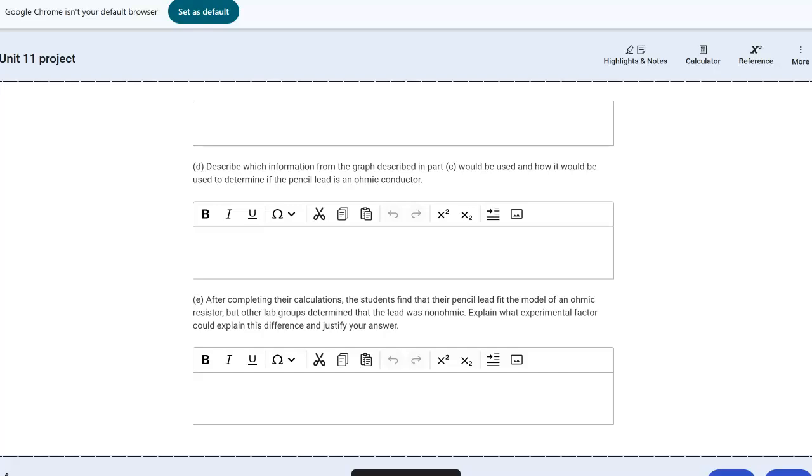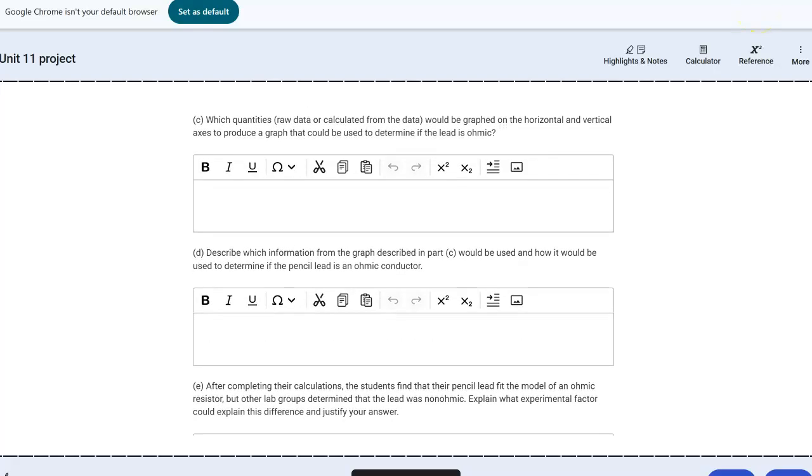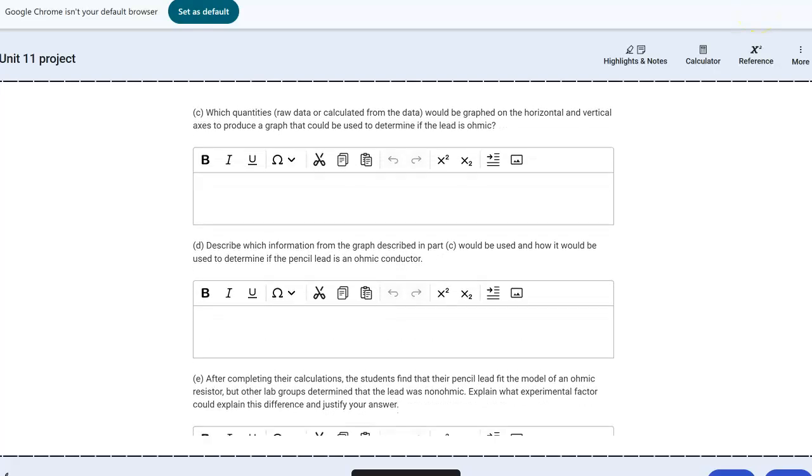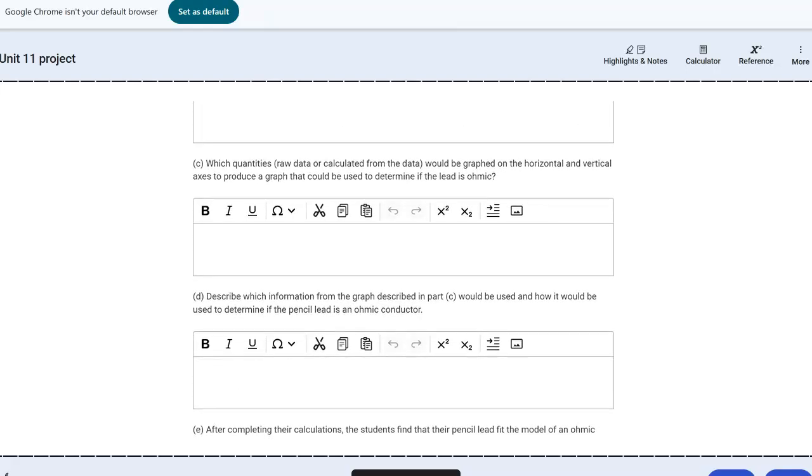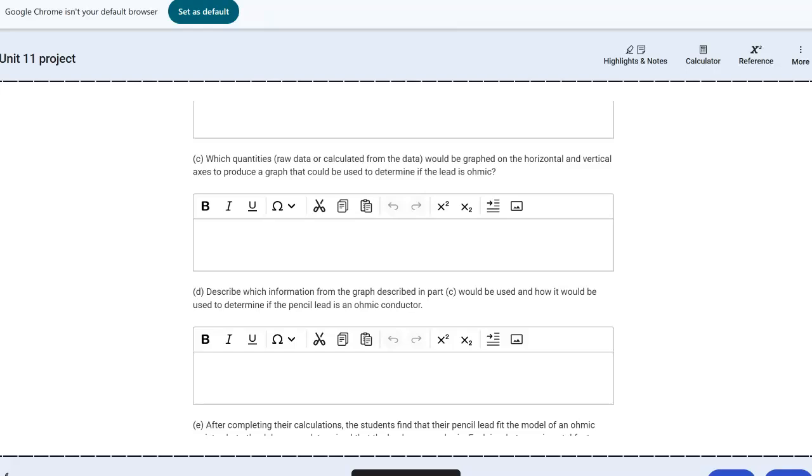For D, determine which information will be used and how it will be used. I guess I just explained D as well, in C.